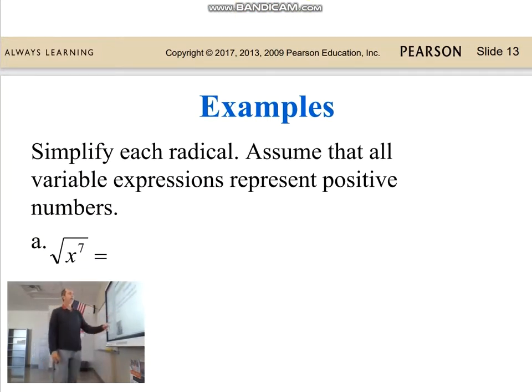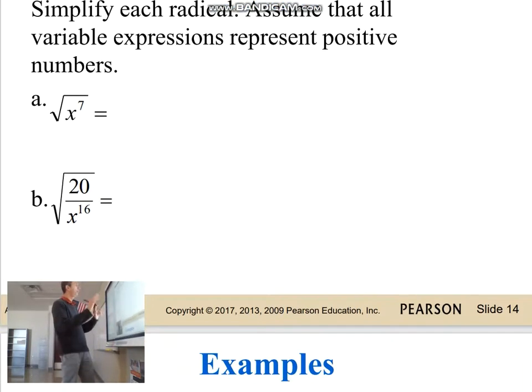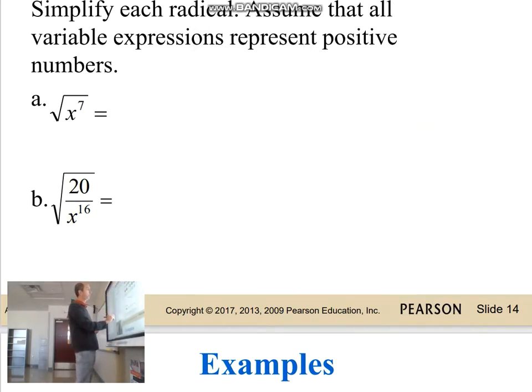Right, and now examples to simplify each radical and assume that all variable expressions represent positive numbers. Now we're going to work with some variables, and remember those variables are positive numbers. So check this first one, the square root of x exponent 7.